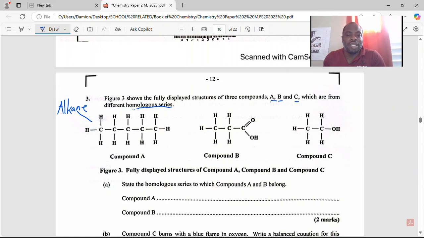Now, we know that an organic compound has 2 parts. It has the prefix and it has the suffix. In this case, the suffix is going to be "ane" because it's an alkane, and we note that by looking on the structure.